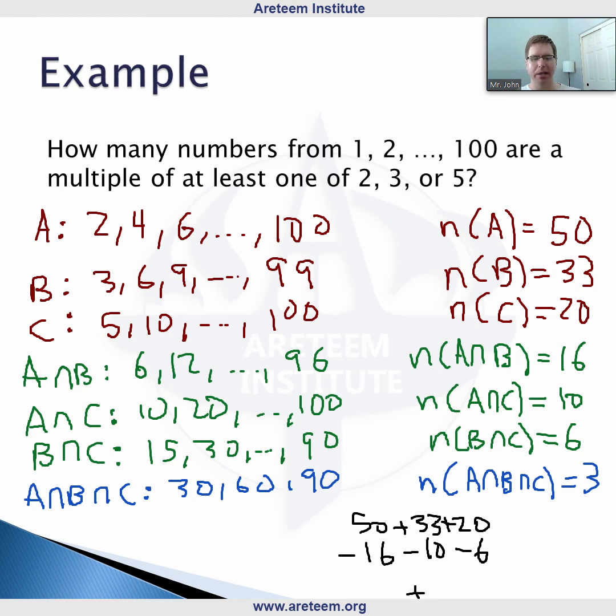And finally, we add stuff back in, so plus 3 at the end. I'll let you double check my calculation there. Once we have all of the pieces, we remember: add the singles, subtract the doubles, and add back in the triple. This gives us our final answer of 74 multiples of 2, 3, or 5 in this case.